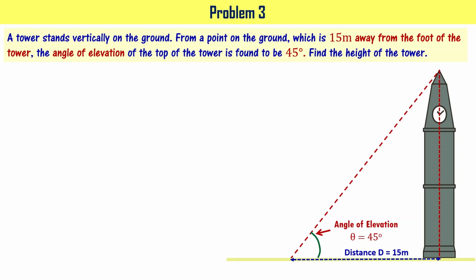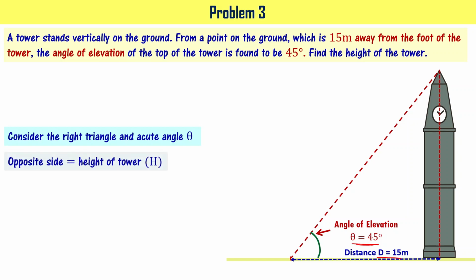The distance between the observer and the position of the tower is given, that is d equal to 15 meters. Height of the tower is not known, right? And angle of elevation is given, that is 45 degrees. Now let's consider the right triangle you see here and the acute angle theta, right?